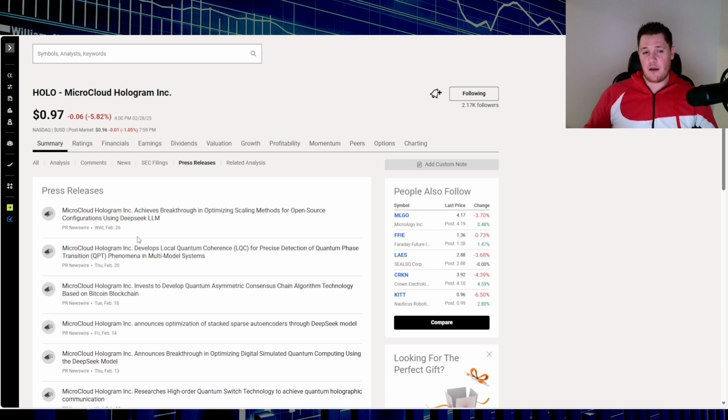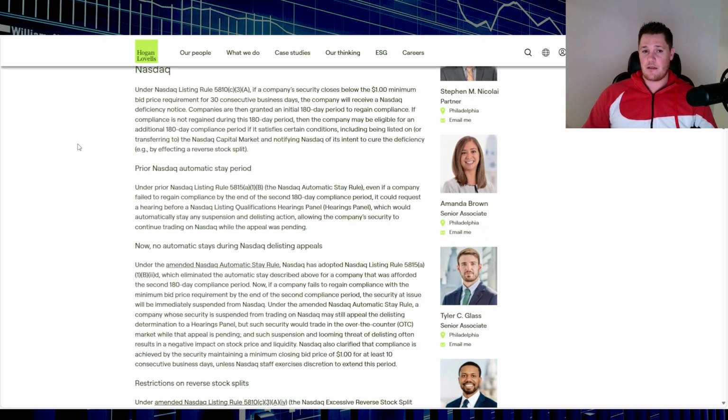So when it comes down to the rulings, this is where things get interesting. As you can see, previously, if a stock was deficient, then the Nasdaq would give them a 180-day extension. This was just updated last month in January 2025. Ultimately, if a company is deficient, Nasdaq gives them a 180-day extension.